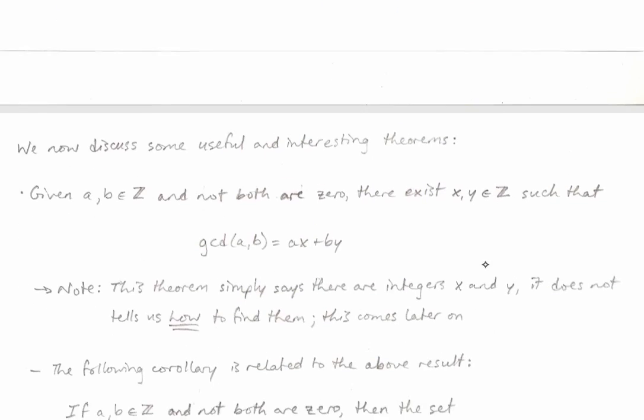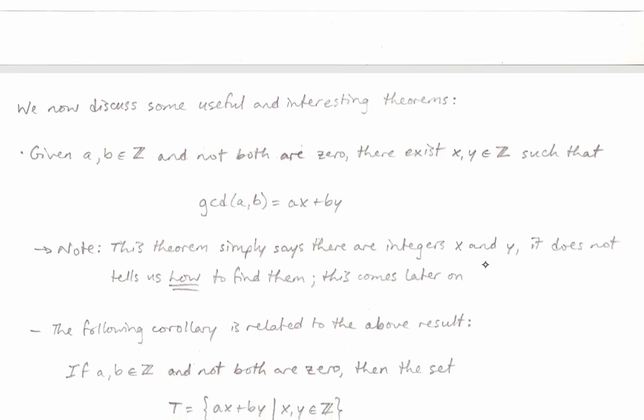So with this definition and with the theorems that we had talked about before, let's get into some other interesting and useful theorems. First one up, very important. We are going to be seeing this result later on in this video and later on in this chapter and so on and so forth.